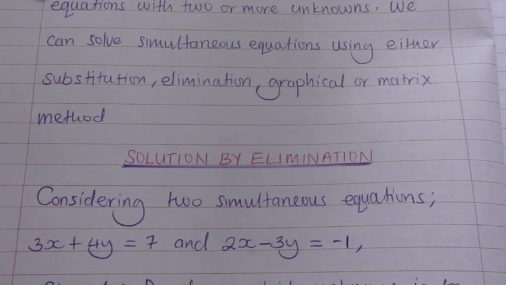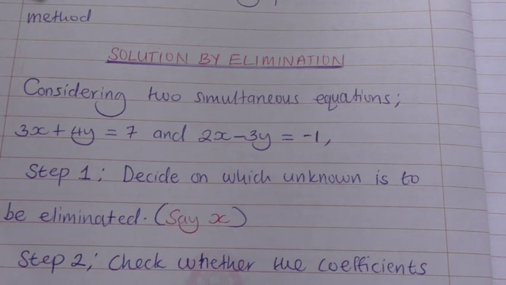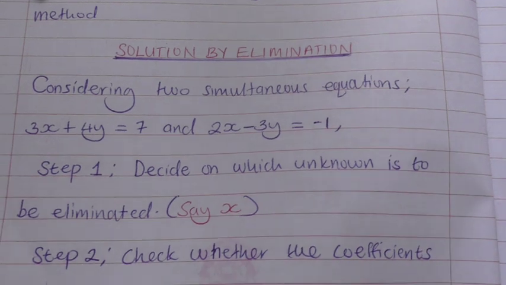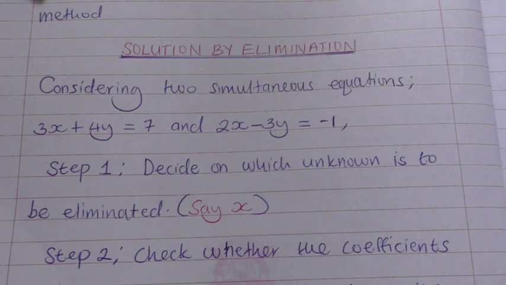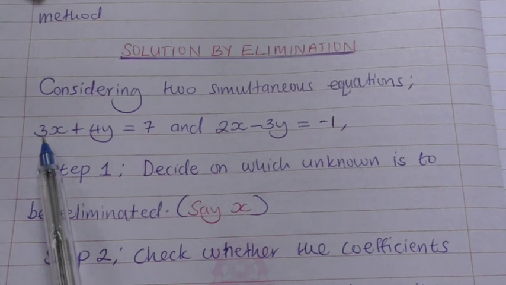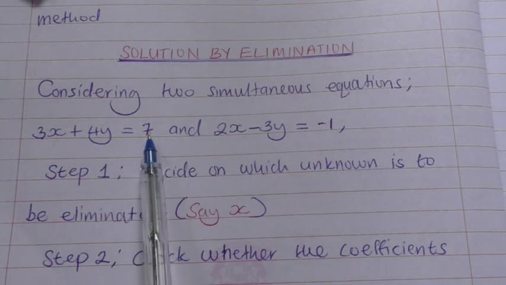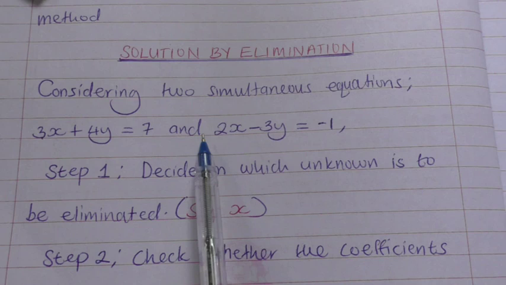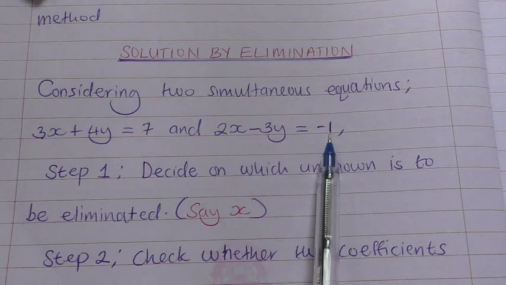So, in the solution by elimination, these are the simple steps that we take. Step one is we shall consider the two simultaneous equations, that is 3x plus 4y equals 7 and 2x minus 3y equals -1.